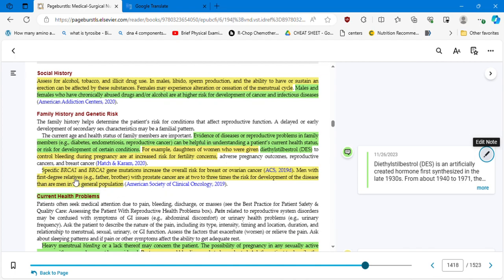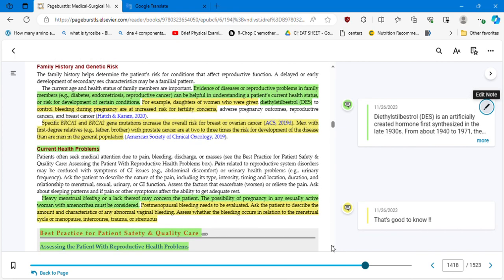Specific BRCA1 and BRCA2 gene mutations increase the overall risk for breast or ovarian cancer. Men with a first-degree relative, like a father or brother, with prostate cancer are 2 to 3 times more at risk for development of the disease than men in the general population.